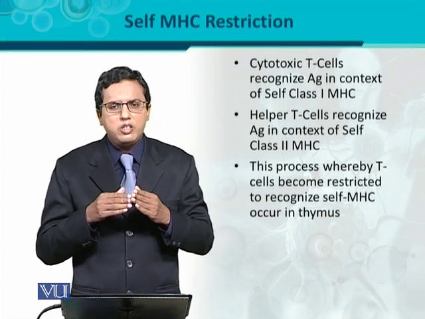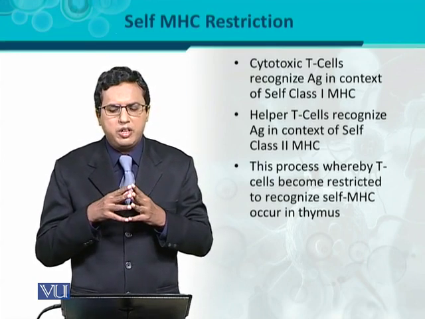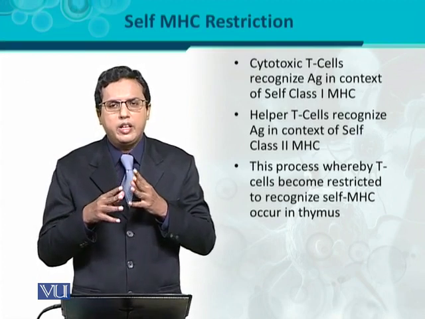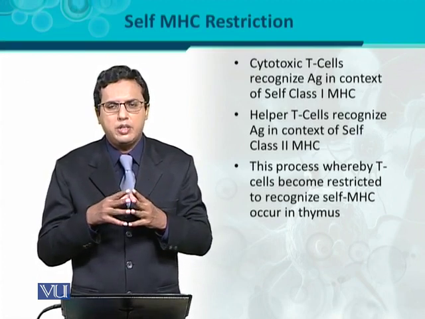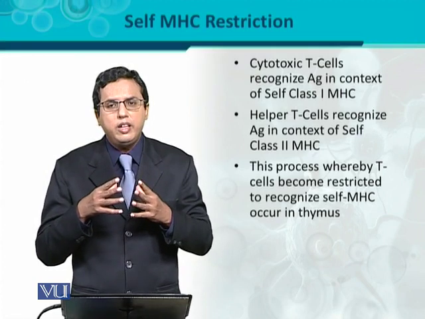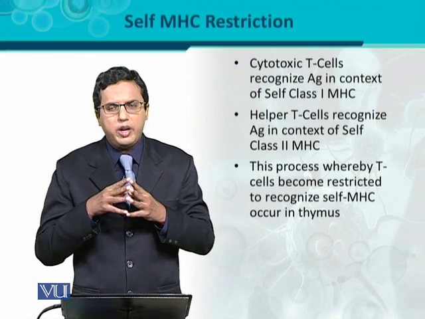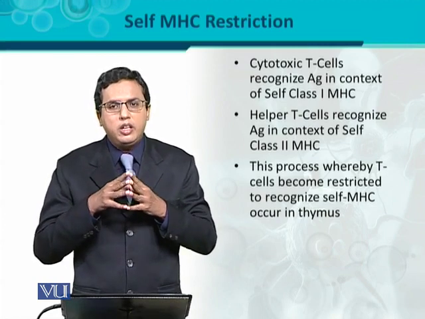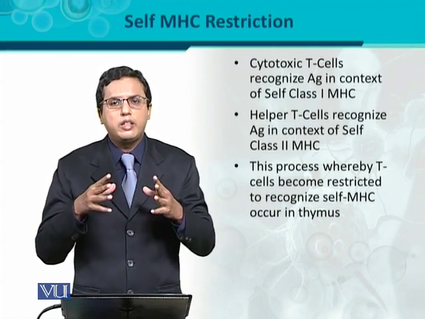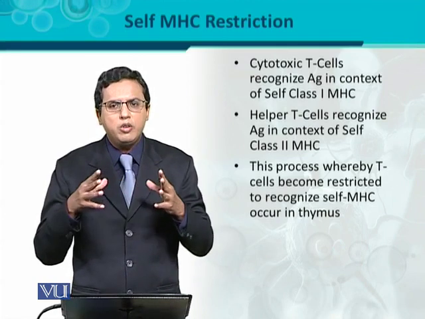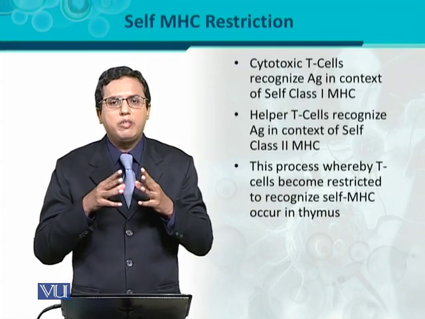This process of self-MHC restriction is going to happen inside the thymus. We know that the thymus is the primary lymphoid tissue, where the maturation and development of T cells and T lymphocytes happens, so that site is very important.